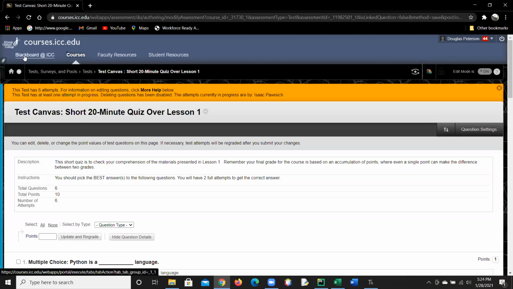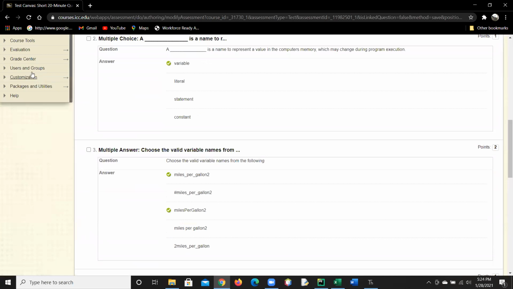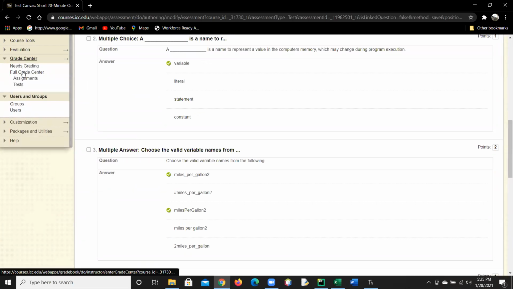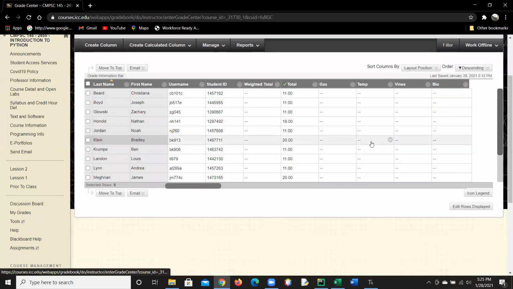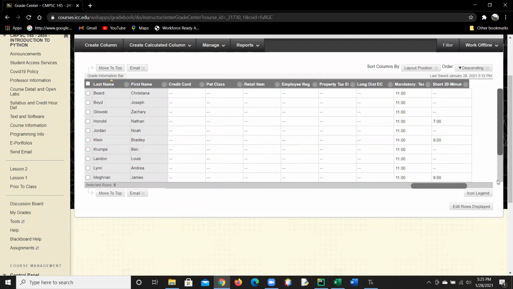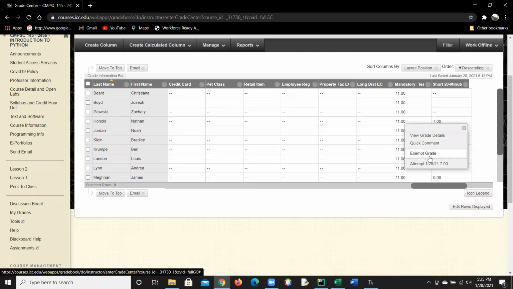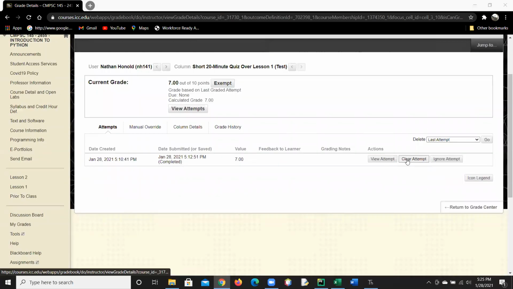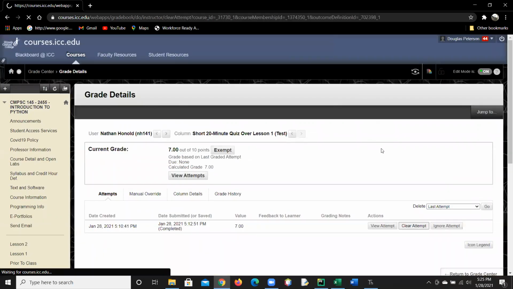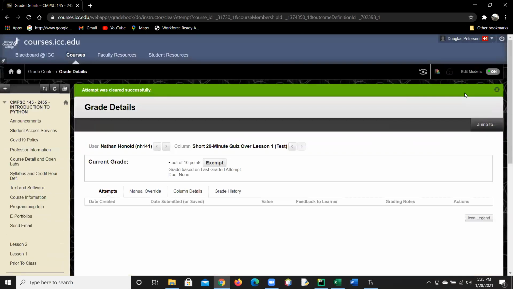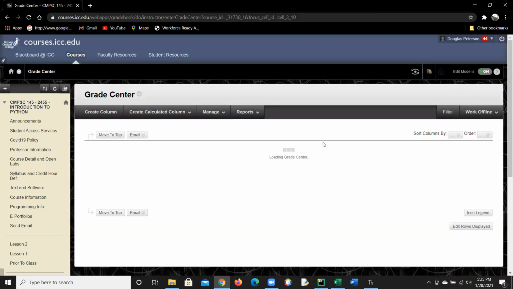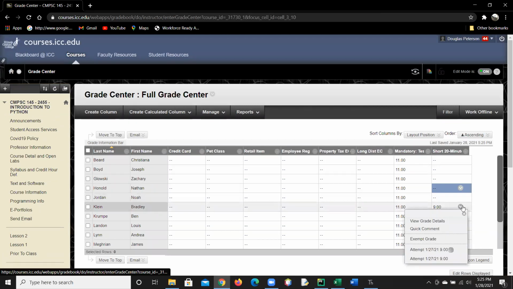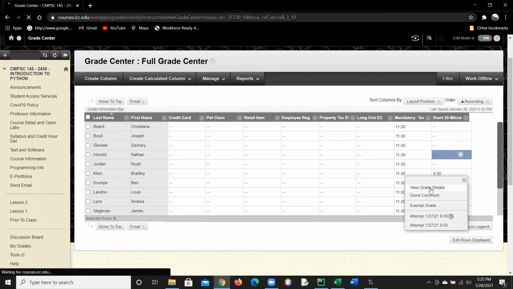And let's go here. Somebody got a 20. Okay. So here. So that one I cleared. So people that have already taken it, you get to take it over again.